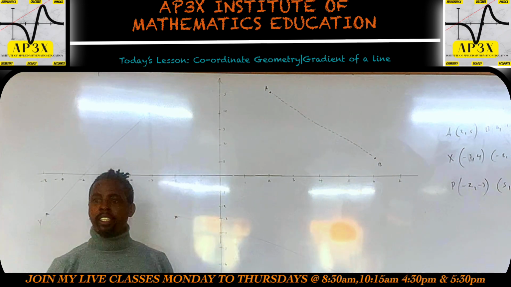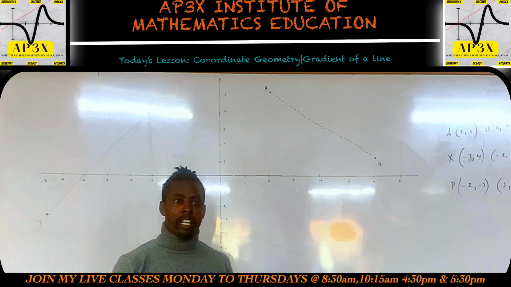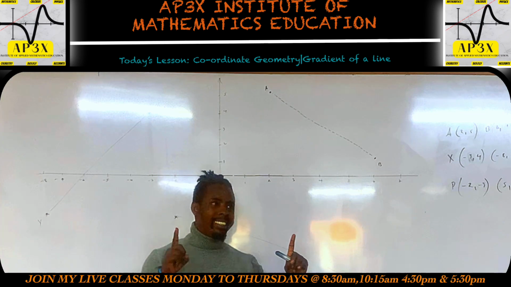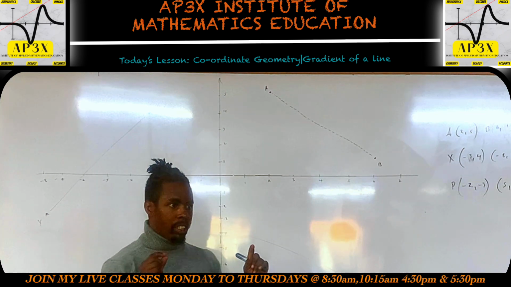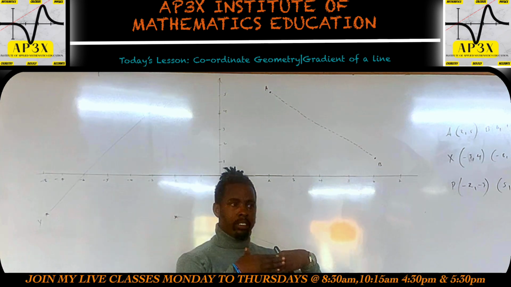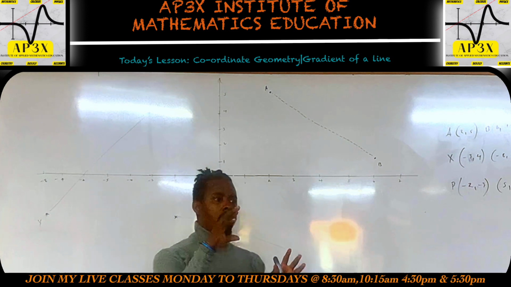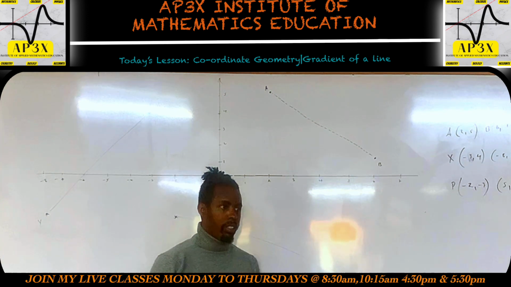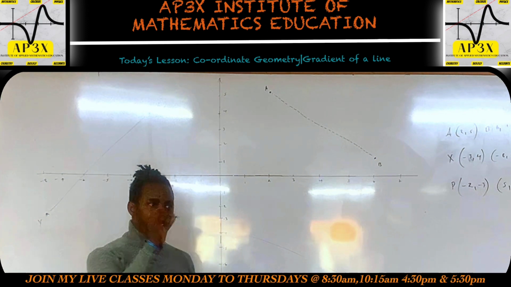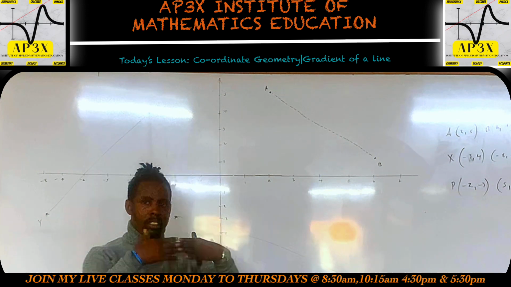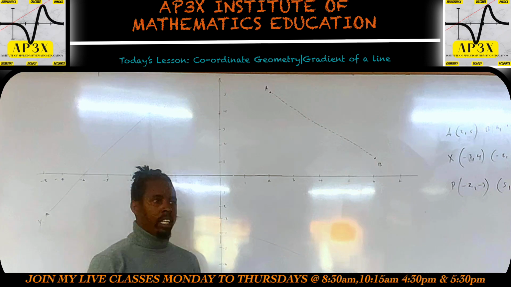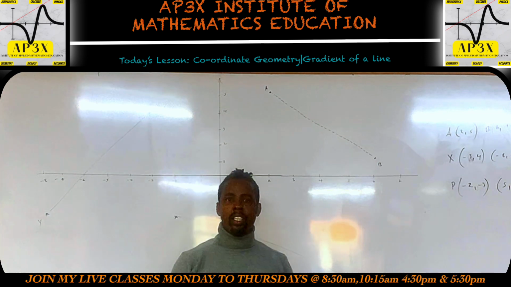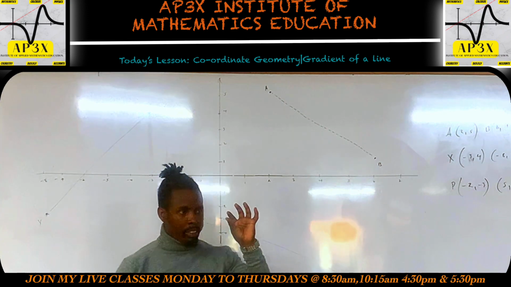We then extended the concept of plotting a point to drawing a line, where we said that a line is a continuous series of points in a straight line. You can have a collection of points that are not in a straight line; we call that a scatter plot. But when the points are in a straight line, that's what we call a straight line. To draw a line, we only need two distinct points.